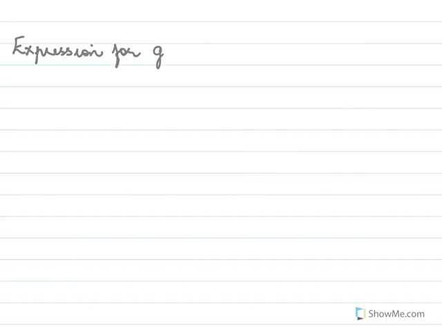We'll now learn to derive an expression for g. And we know g is acceleration due to gravity. So here we have the earth with mass, say capital M, and we have an object with mass small m, and there is a force that acts between these two objects.